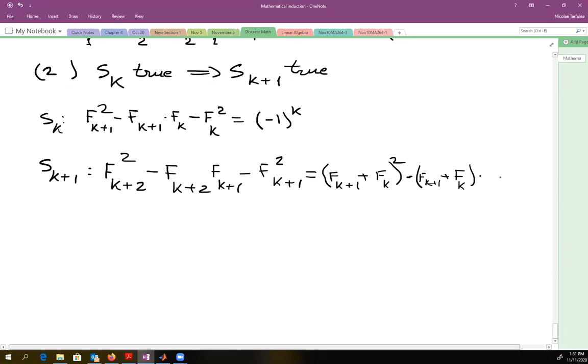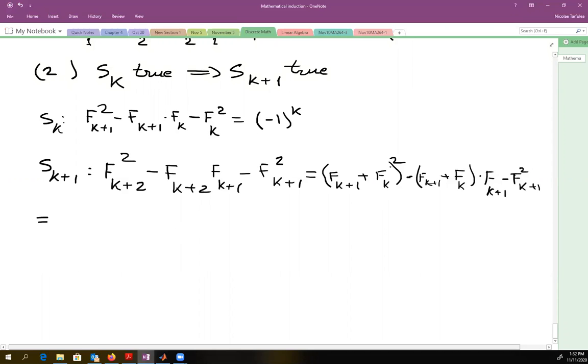I'm not going to do anything to that. I need everything in terms of F_{k+1} and F_k. So the only term that I substituted is F_{k+2}, by using the definition of the Fibonacci sequence.